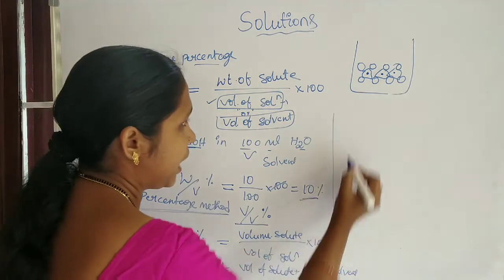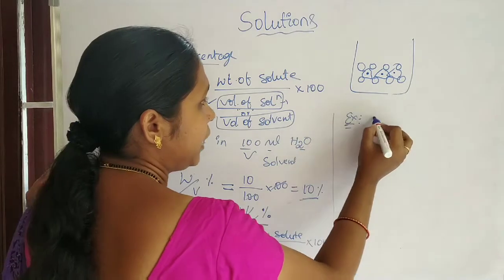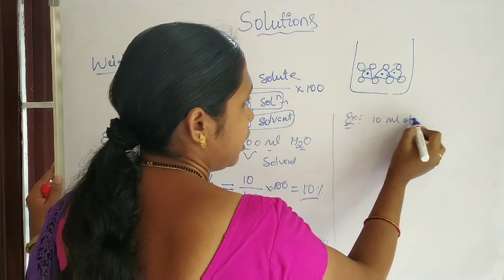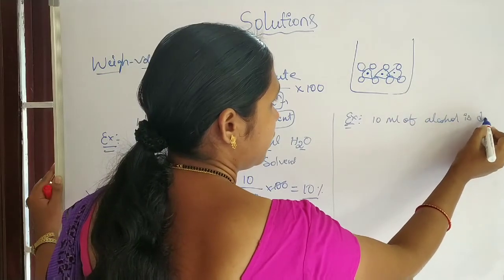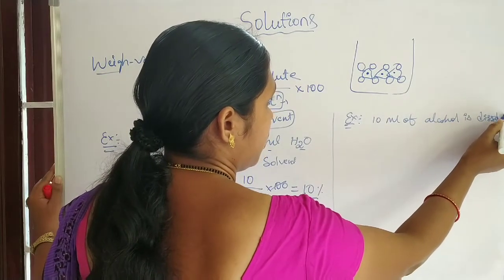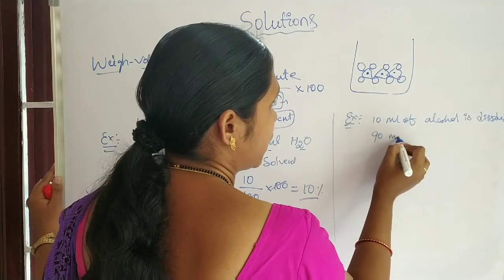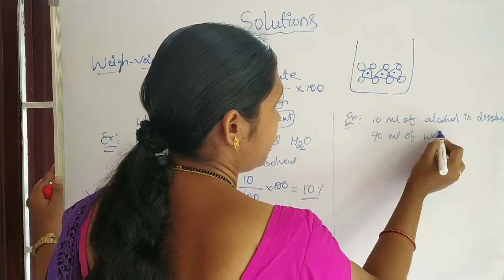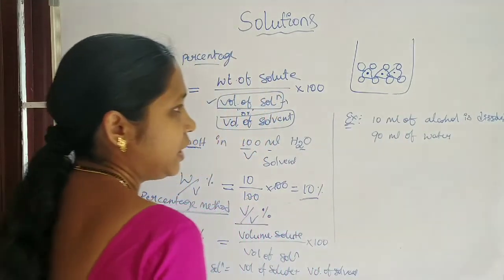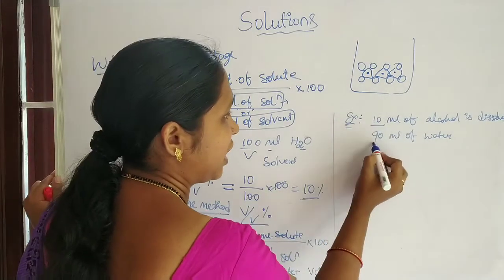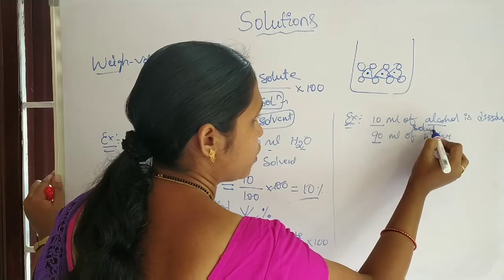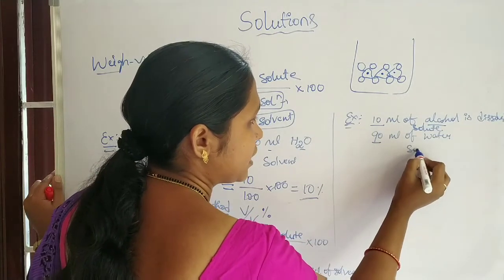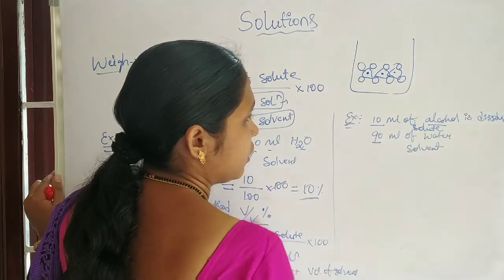Take an example. 10 ml of alcohol is dissolved in 90 ml of water. Here 10 is smaller than 90, so alcohol is the solute and water is the solvent.